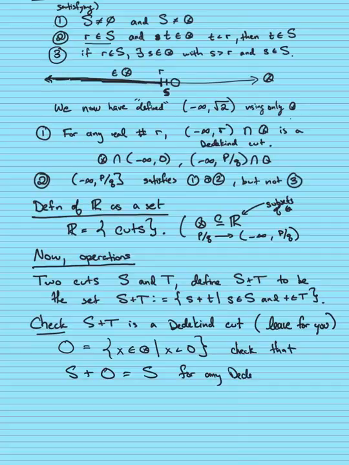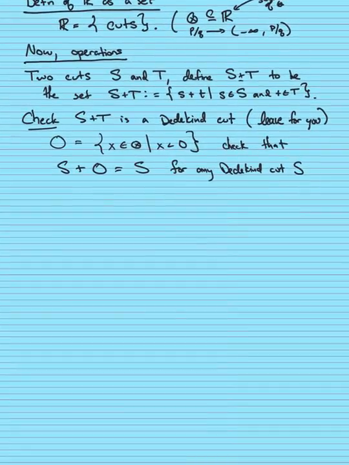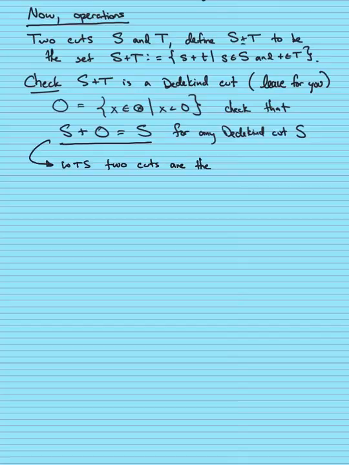for any Dedekind cut S. So maybe I'll do this one for you just to give you an idea of how these proofs go. You want to show that two real numbers, two cuts, are the same.